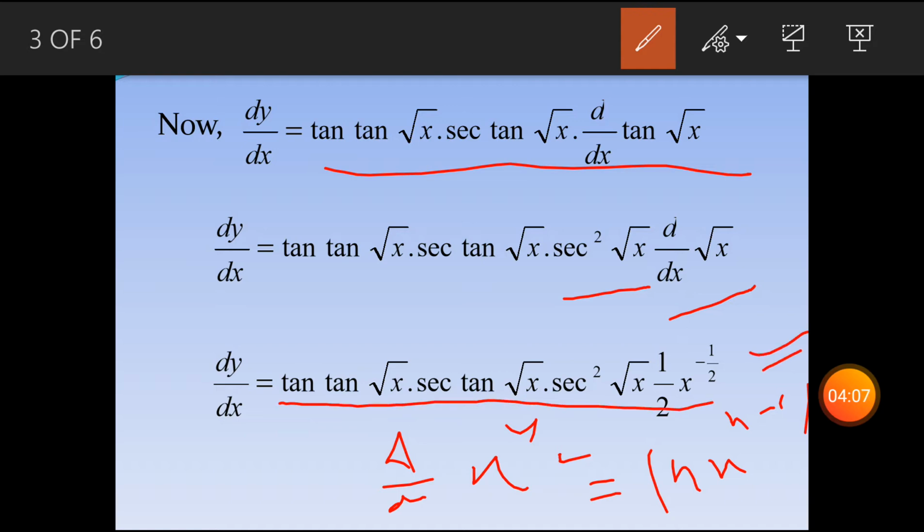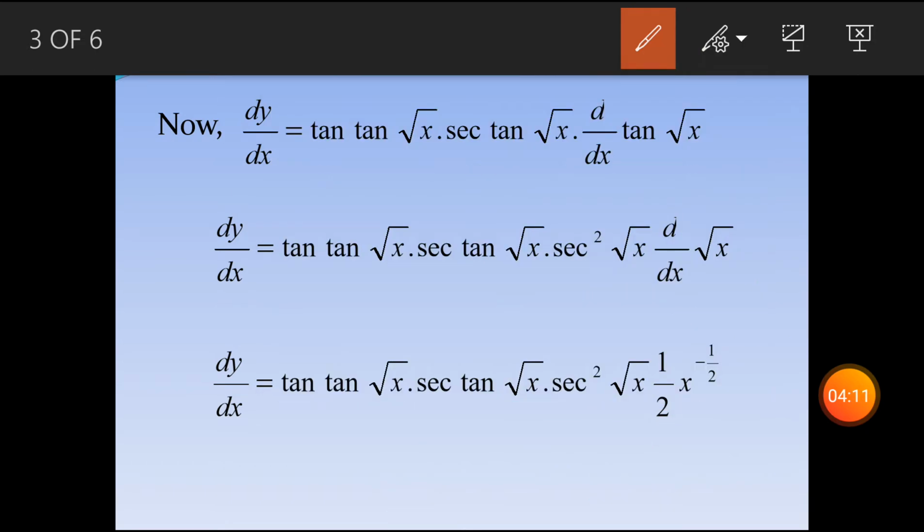So basically what are we doing? Just pay attention and listen. Our question was sec, then tan and then root x. First of all we considered sec and this portion as x and we differentiated it as sec x tan x. Now in sec x, what was there in place of x?